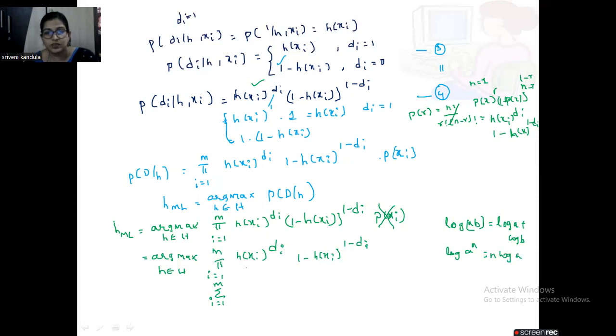This is our power factor, so that should come to the front: di multiplied with log h of xi. Since these two terms are in a product, I am applying a plus on this. And the power I am bringing to the front, it is 1 minus di, times log of 1 minus h of xi.